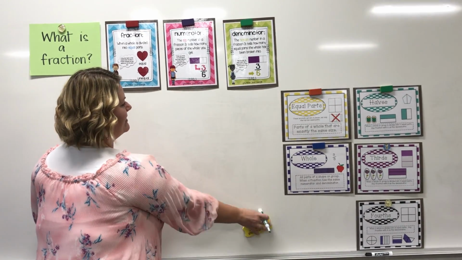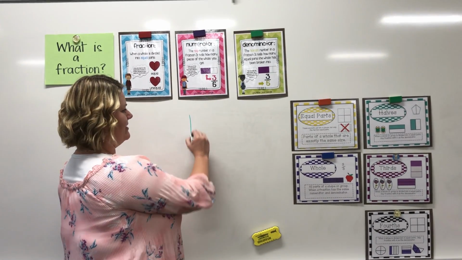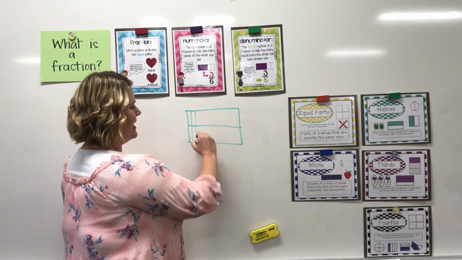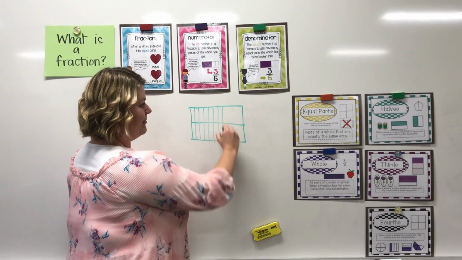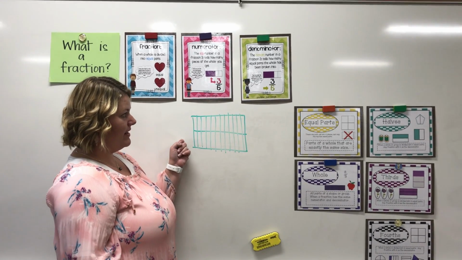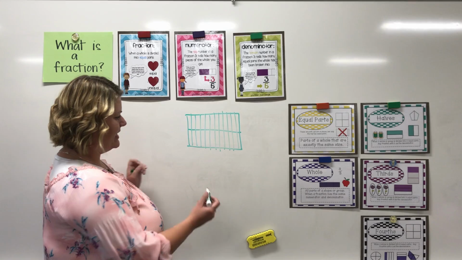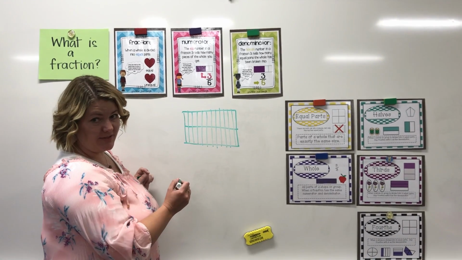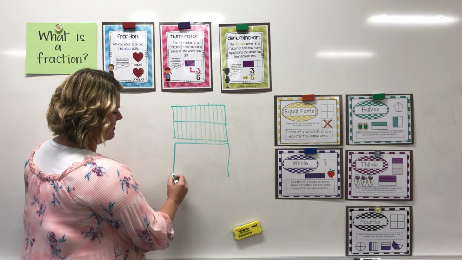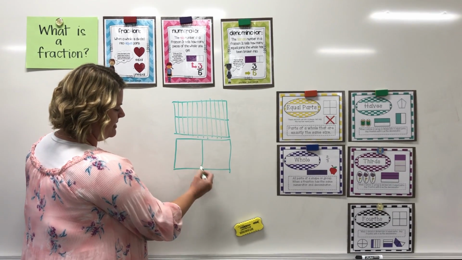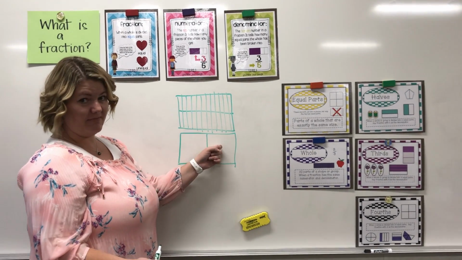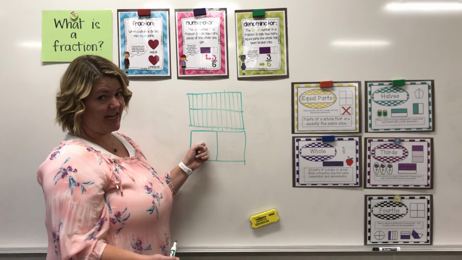We could cut a piece of cake into tons and tons of pieces, depending on how many people you have to share with, right? I wanted to point out really fast that this is cut into a lot of pieces, so my denominator is going to be really big. That's not cut into very many pieces, but notice that the pieces are really big. I would like to share this candy bar.